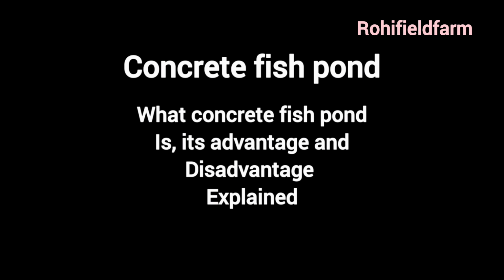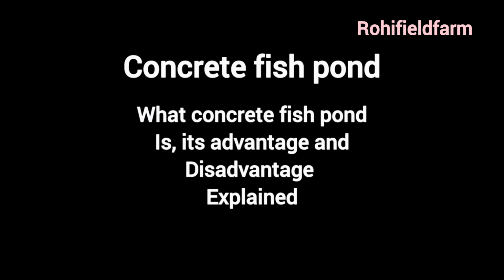A concrete pond is constructed with blocks, sand, gravel, and cement. One thing that is unique about this pond is that it is better used to raise fingerlings or juveniles. The construction of this concrete pond requires deep knowledge or expertise.